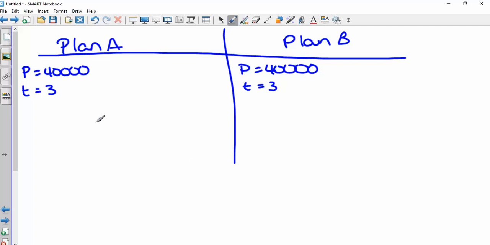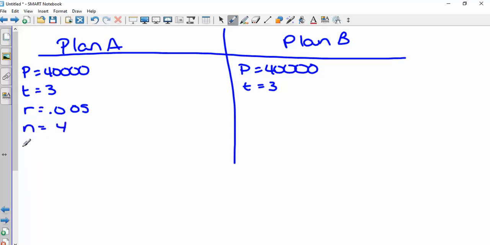Plan A is 0.5%, so what do we use for the rate? Always move it back 2 places, 0.005. And compounded quarterly, so that would be 4 times a year.